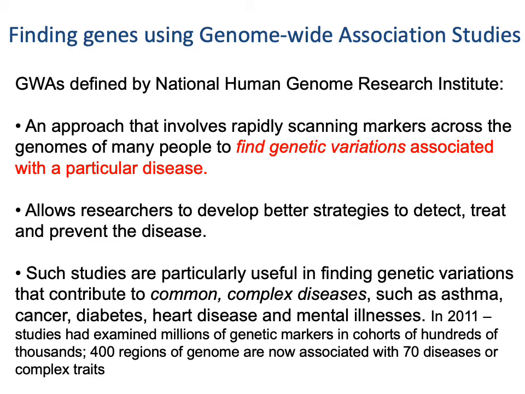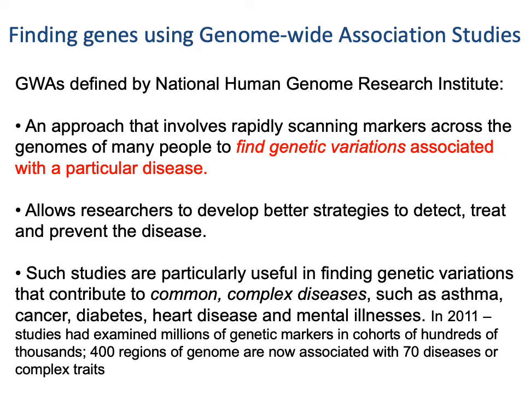So for these complex diseases, I said that pedigrees don't work well to identify genes. And so what does work, and how have we been successful so far? The answer is often genome-wide association studies. These are abbreviated GWAS, and as defined by the National Human Genome Research Institute, it's an approach that involves looking for markers across the genomes of many individuals.